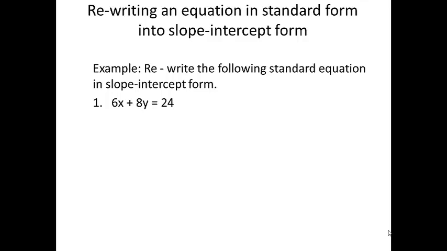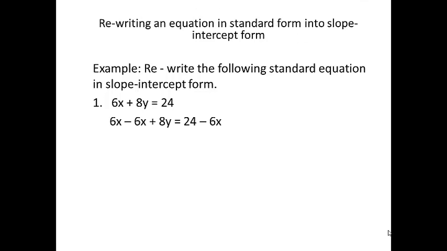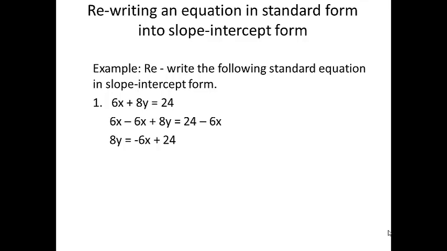Let's look at a real-world example. Rewrite the following standard equation in slope-intercept form: 6x plus 8y equals 24. Start by subtracting 6x from both sides. That will leave you with 8y equals negative 6x plus 24.